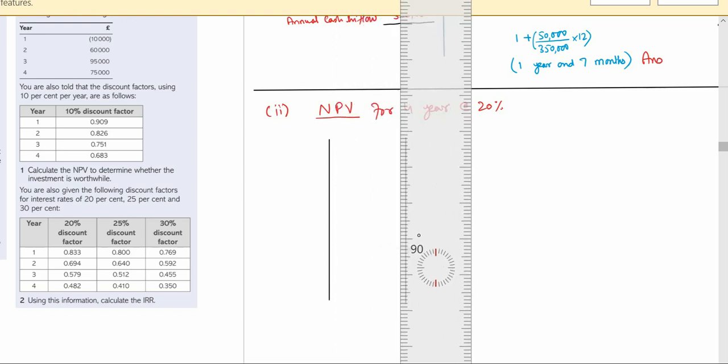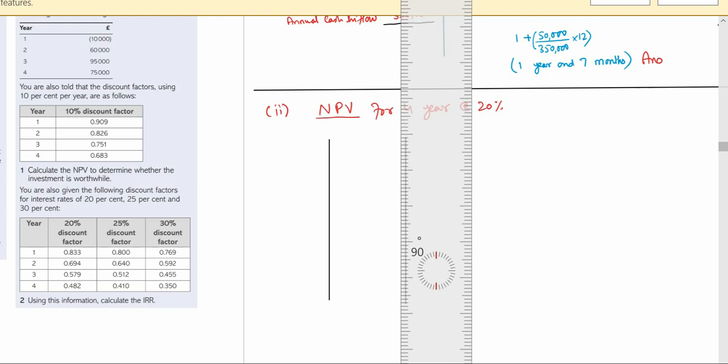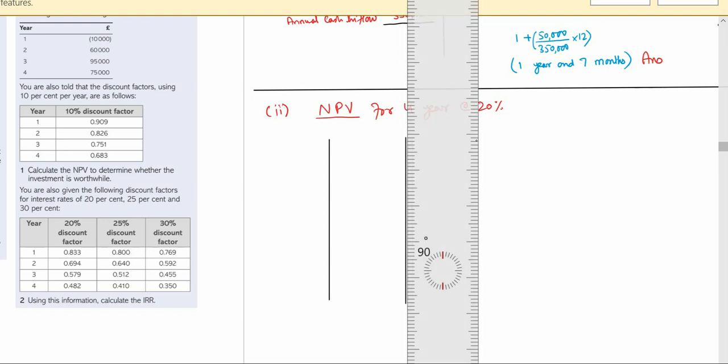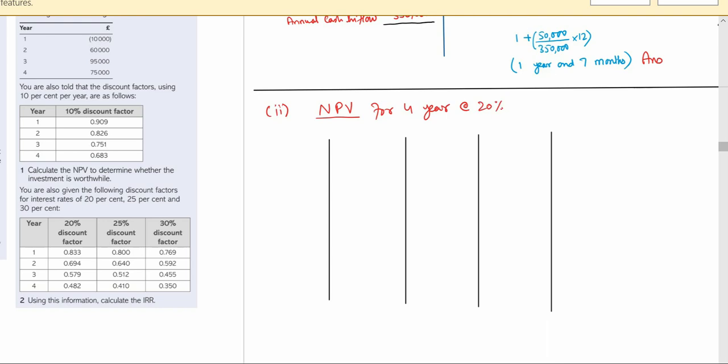So here is the investment, then the discounting rate, and here will be the net present value amount.